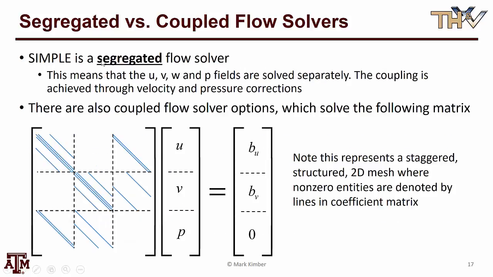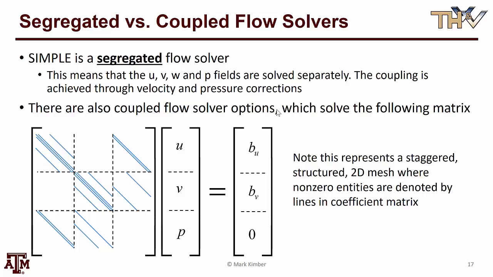So we solve these things sequentially. So we solve them separately. The term is a segregated flow solver. There are also coupled flow solver options, at least in STAR I know there is.